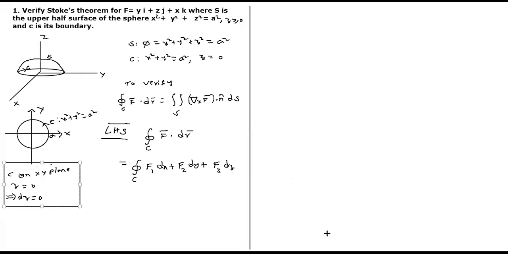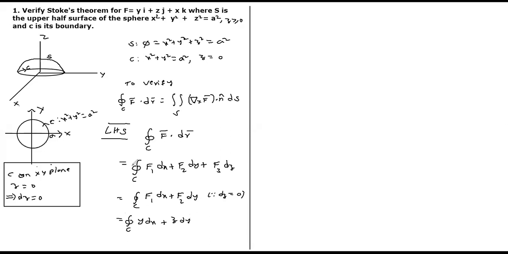Therefore this will be equal to integral over C f1 dx plus f2 dy only, because dz equal to 0. Now what is f1, the first component of f bar? y. y dx plus, what is the second component of f bar? z. z dy.